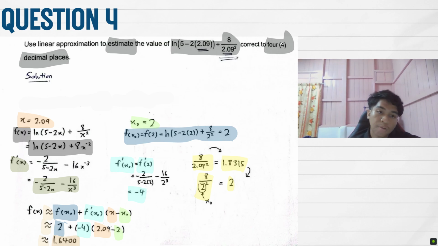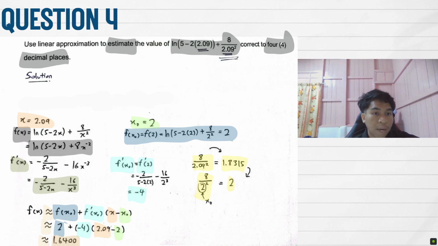After that, we have to find the f(x) in terms of x. That means, from the question, it is ln(5 minus 2x) plus 8x to the power of negative 2 after I transform it because we have to differentiate after that. And then we have to find the x approximation, which is 2. How I got 2?